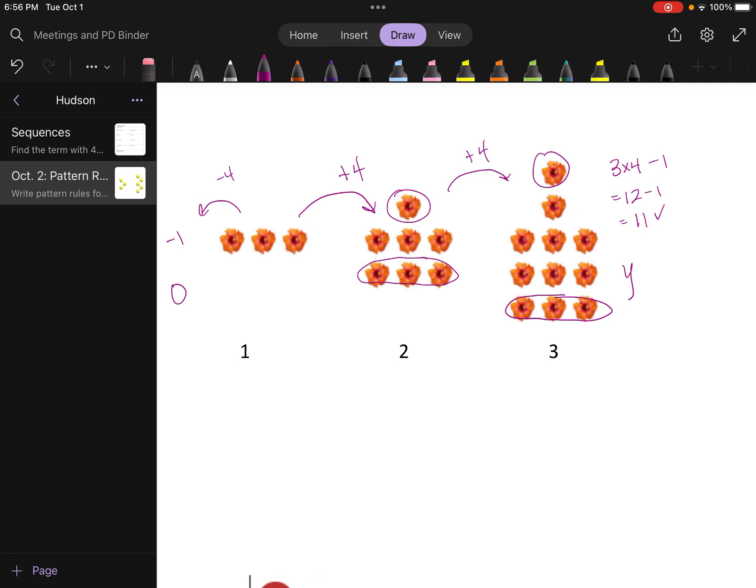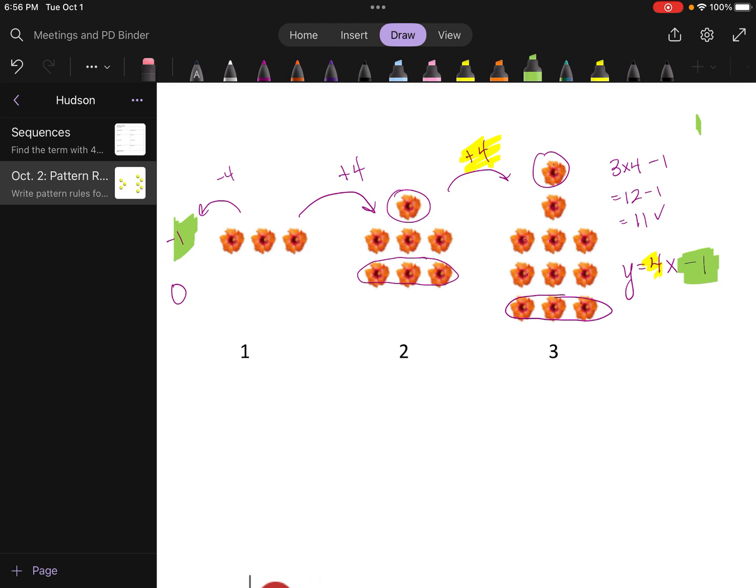So I'm going to write y is equal to 4x, and I'm using 4 because my pattern's growing by 4 each time. And then I'm going to subtract 1 because -1 is what's in my 0 position. I'm going to highlight that -1.